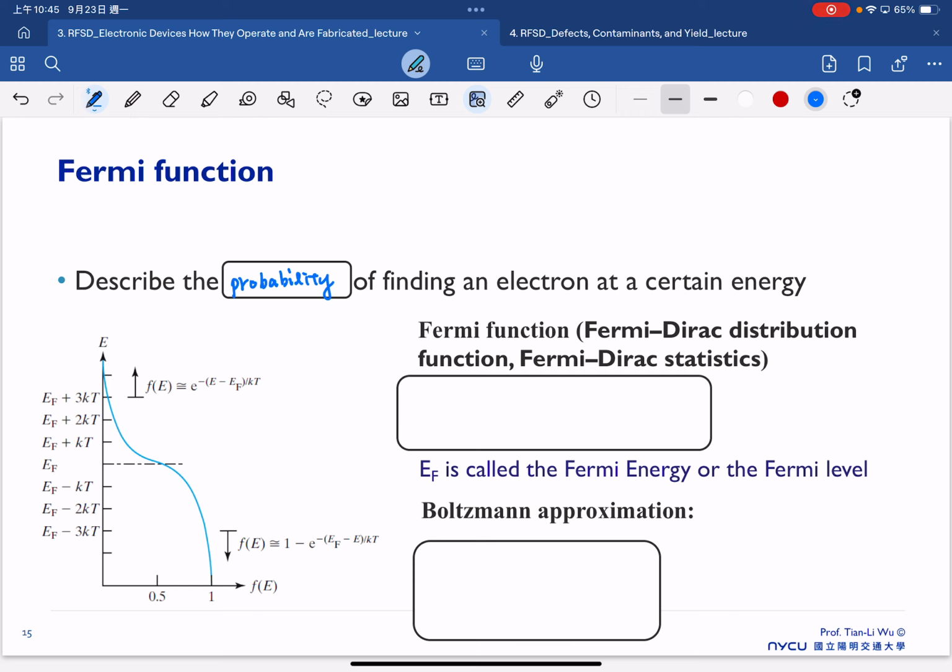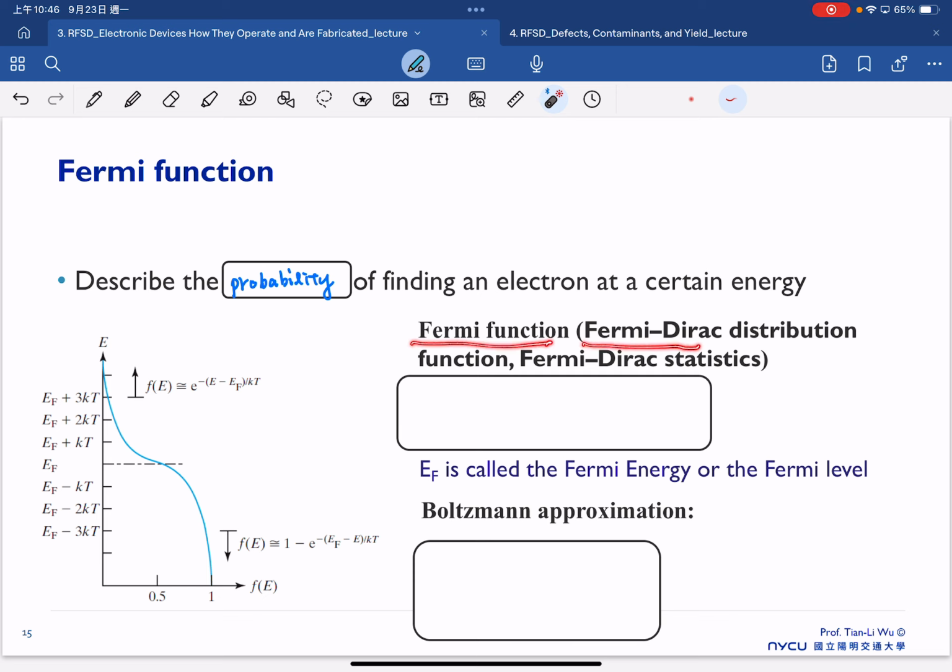That's why we start to introduce a probability function to describe finding one electron at a certain energy. There are a lot of probability functions, but the one we will use very often in semiconductors is what we call the Fermi function.